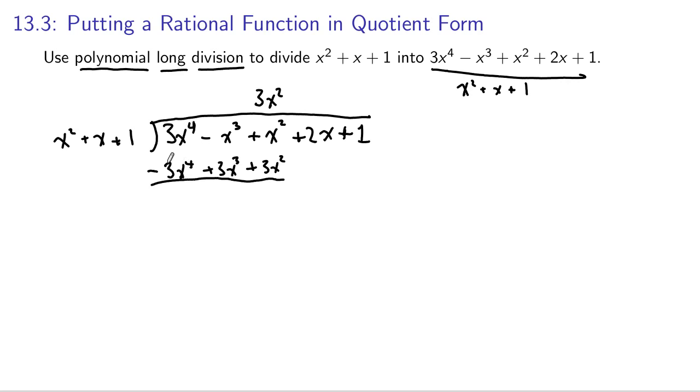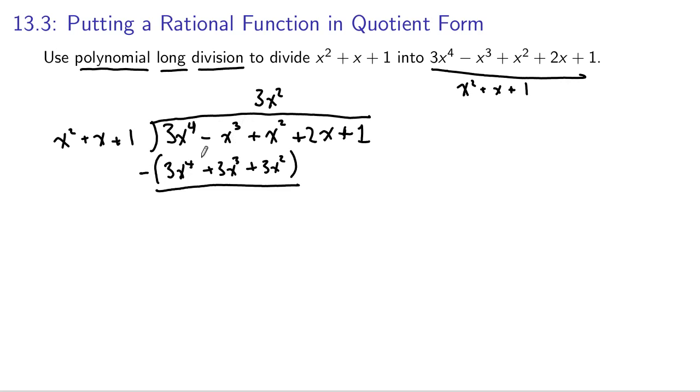When we subtract, we need to be very careful to erase this last subtraction bar here. We need to subtract by the negative of this whole thing. So we're subtracting everywhere. This is easy to make a mistake with. So 3x to the fourth minus 3x to the fourth is 0. We don't need to write 0 down.